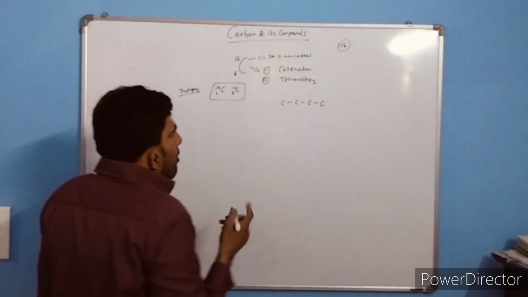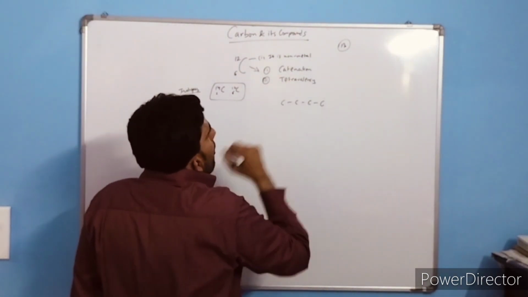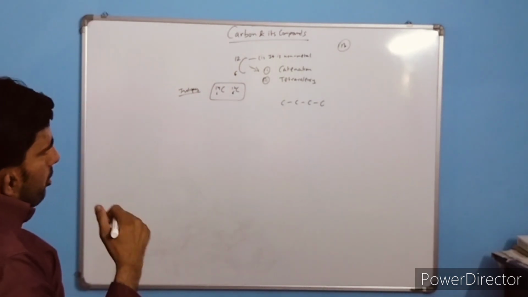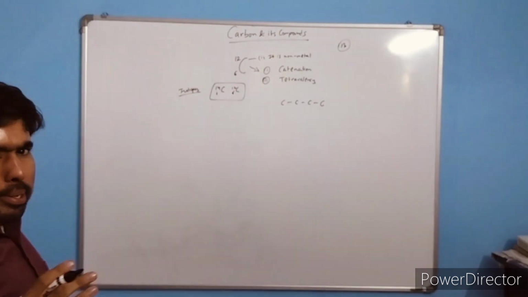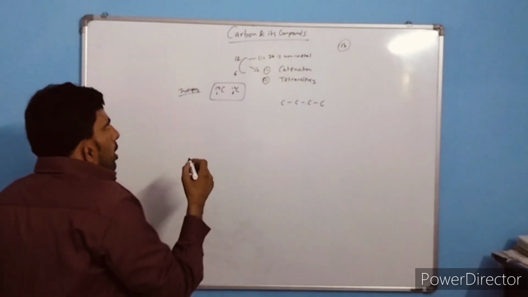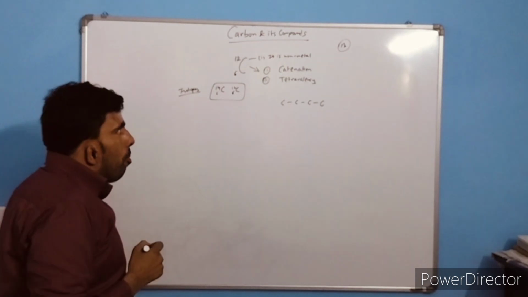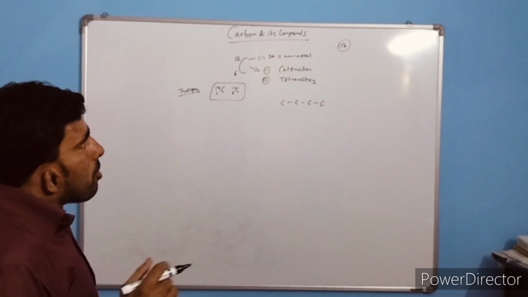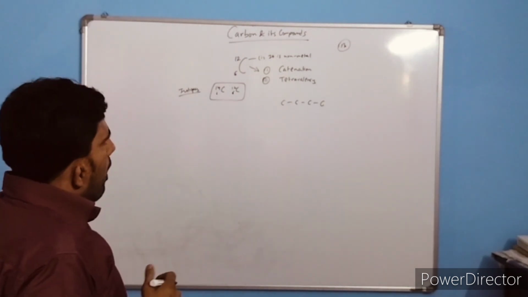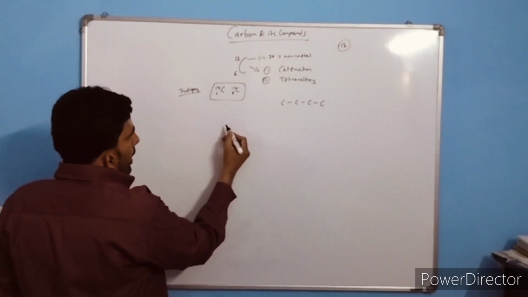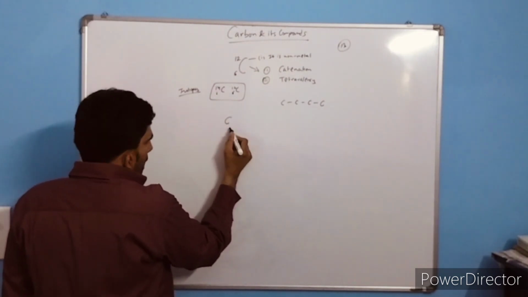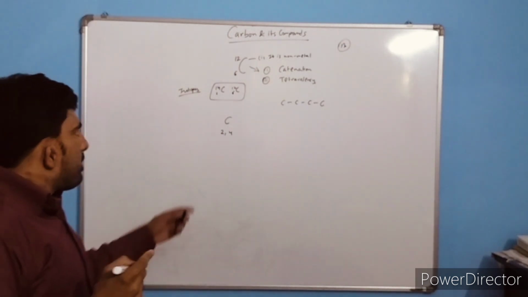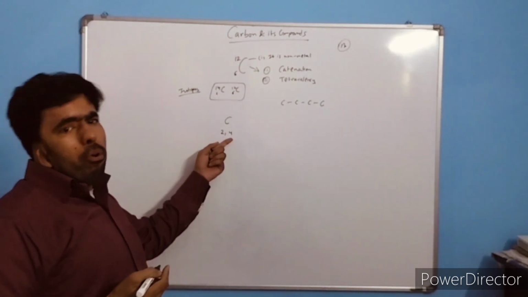One more thing is tetravalency. If I am talking about carbon, its atomic number is 6. According to the electron configuration, the number of electrons in each shell will be 2, 4. So the first shell will have 2 electrons and the next shell will have 4 electrons.